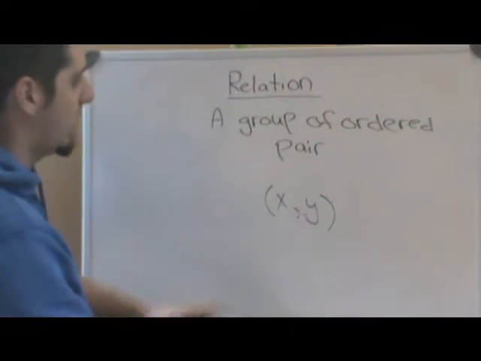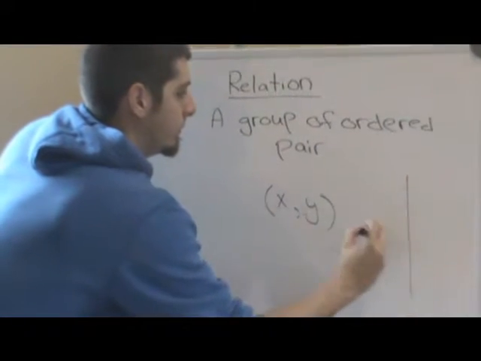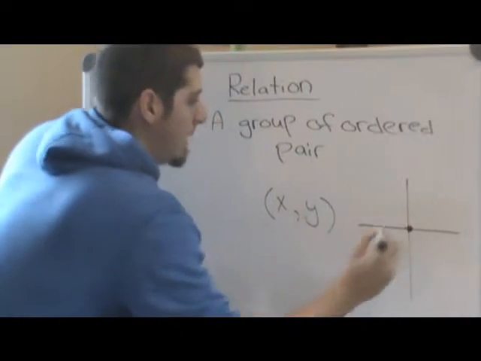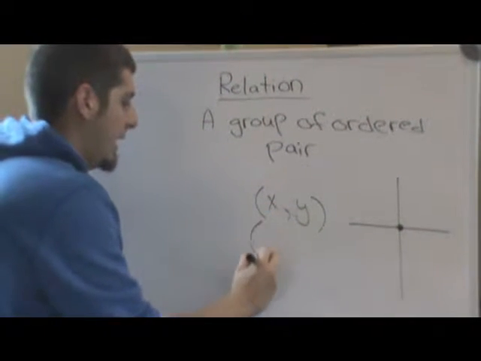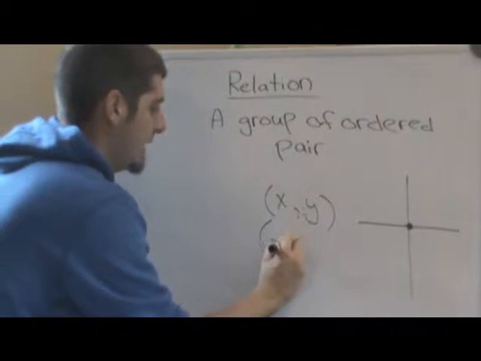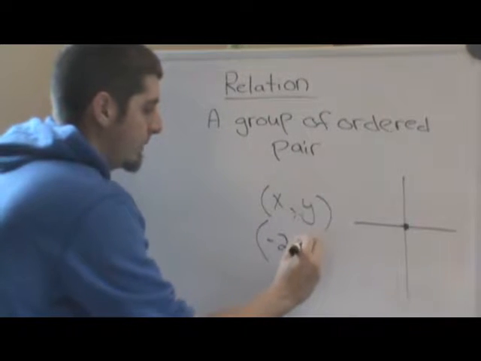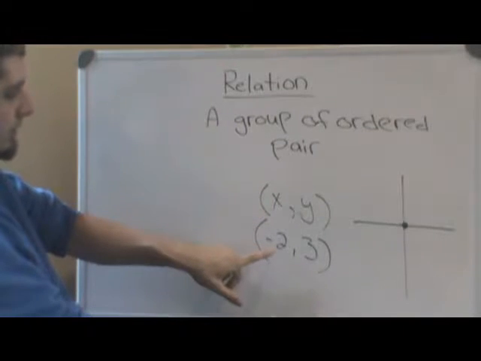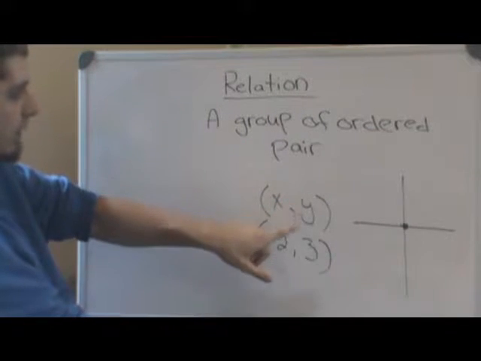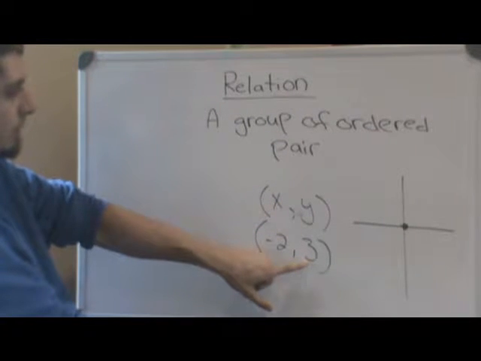With an X and a Y coordinate, you're able to map them on a coordinate grid. So if I had the ordered pair of -2, +3, that means my X coordinate is -2, my Y coordinate is +3.